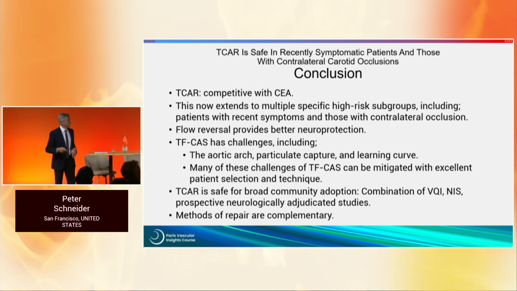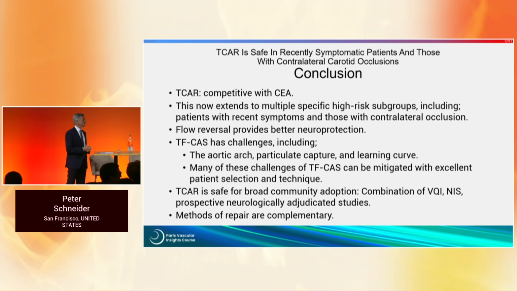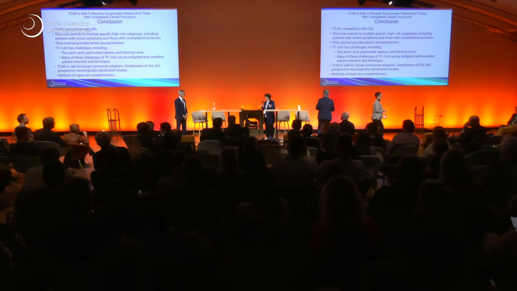But in any event, Peter, just your original group of patients with contralateral occlusion, haven't they already got good collaterals? Is the discussion you're having actually necessary? Aren't they safe with transfemoral and TCAR?